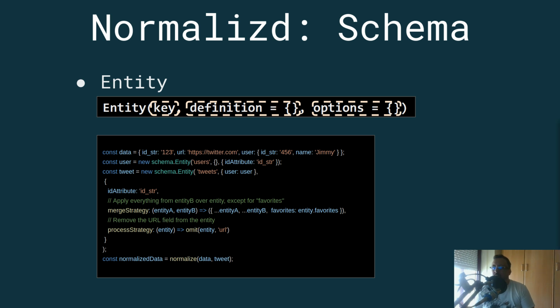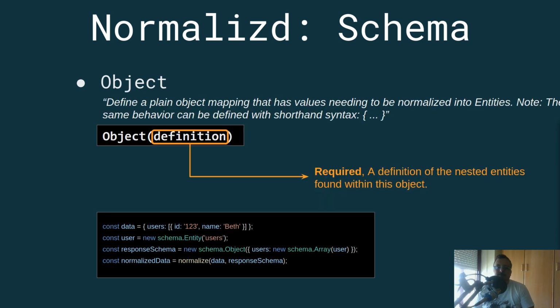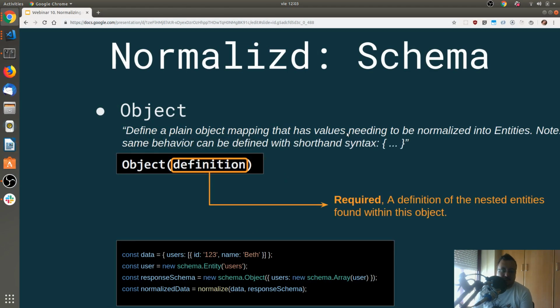Object. Object defines a plain object mapping that has values needed to be normalized into entities. Note this same behavior can be defined with shorthand as well. I think that's outside. Let me come here.